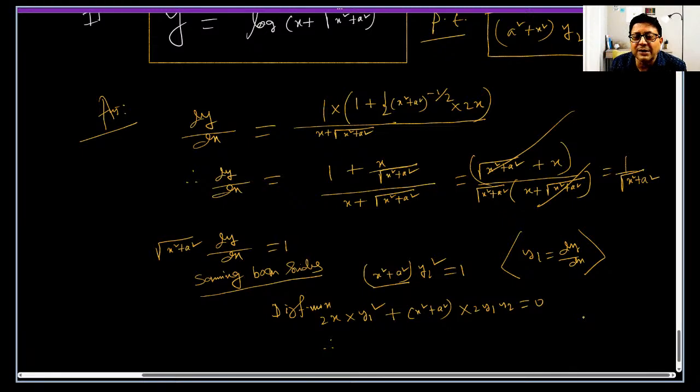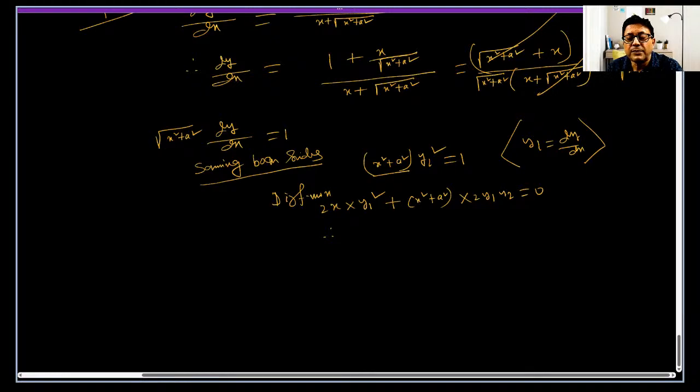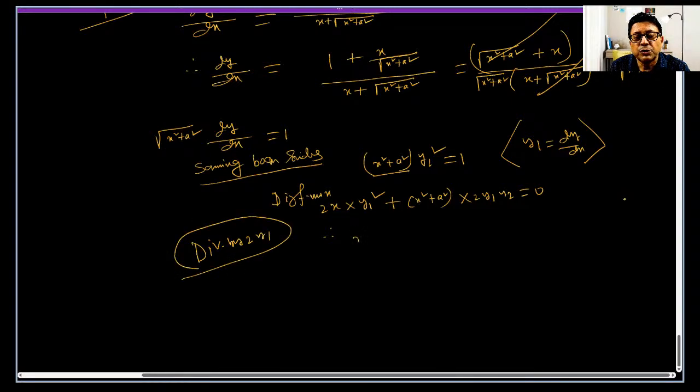I'll show you in other examples. What I told you, dy by dx you got, cross multiply, square, then differentiate again. Clear? So now divide by 2y1. So there will be x y1 plus x square plus a square y2 equal to 0.